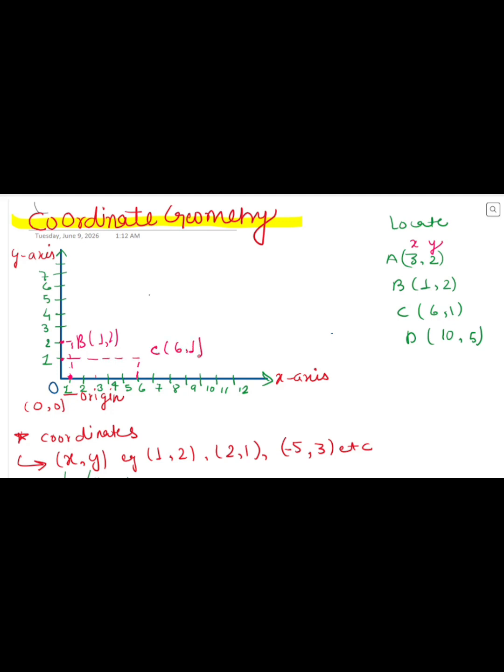Similarly for D, find 10 on the x-axis and 5 on the y-axis, and join them with the dotted lines, and the intersected point is D. So every point on the coordinate plane has a unique address. Just as every house has an address, every point on the graph has a coordinate.